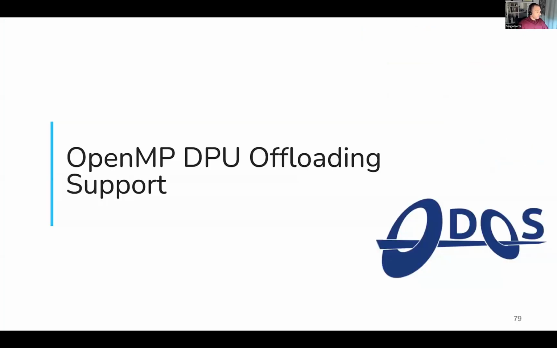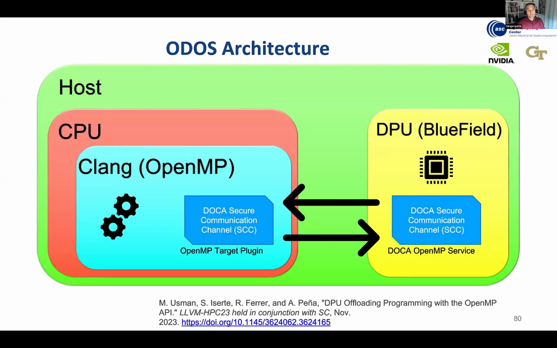Okay, let's get into the details of ODOS. ODOS stands for OpenMP DPU Offloading Support, and this is its architecture. This is a host where we run an OpenMP target plugin, using an extension of the Clang compiler for LLVM.